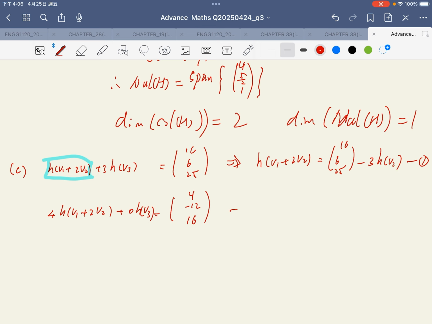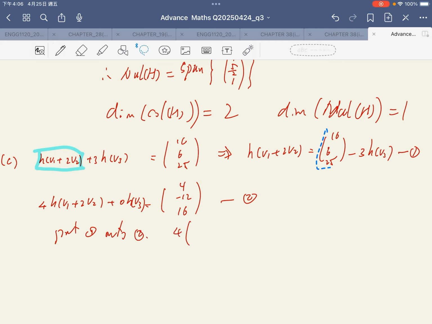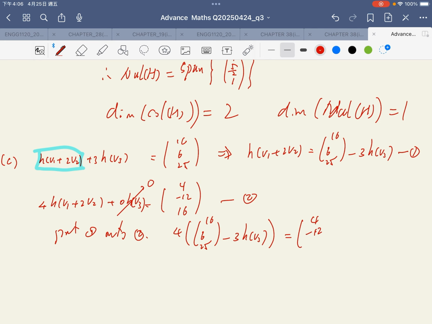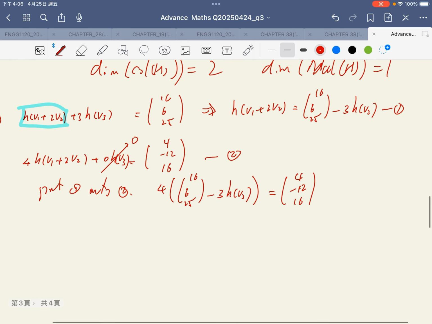This is equation 1, this is equation 2. Put 1 into 2. Then we have 4 times this one equal to (4, -12, 16), and I can divide both sides by 4.